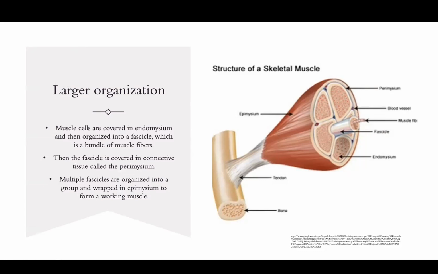Multiple fascicles are then organized together into a group, and then wrapped in epimysium to form what we think of as a working muscle. The epimysium is a dense connective tissue covering it. The endomysium, the perimysium, and the epimysium in the end of the muscle will come together and connect to the connective tissue in the tendon, and the tendon will connect to the periosteum, the outer layer of the bone it's being attached to.